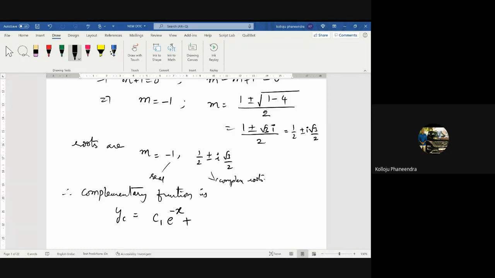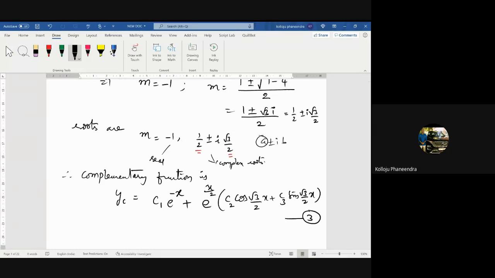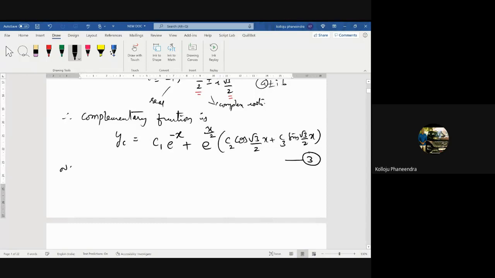This is the complementary function, equation 3.